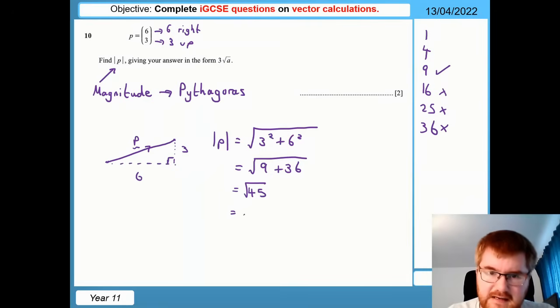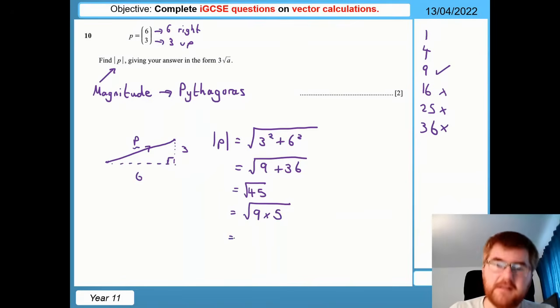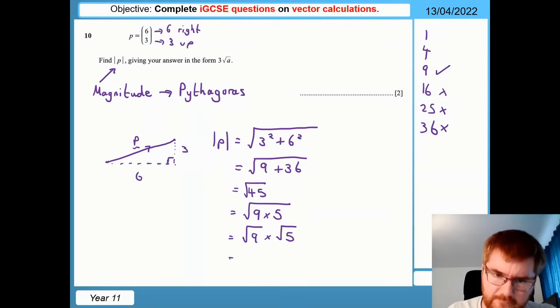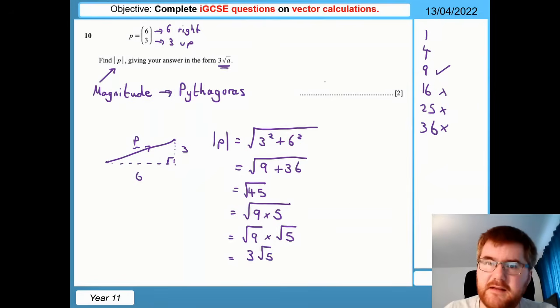So we need to break this down into something times 9. So we have 9 times 5 gives us 45. Now at this point we're allowed to split the surd. So we have the square root of 9 times the square root of 5. And then we can simplify it into the form that they want us here. So 3 root a, because the square root of 9 is equal to 3, root 5 stays the same, and that's going to be our final answer.